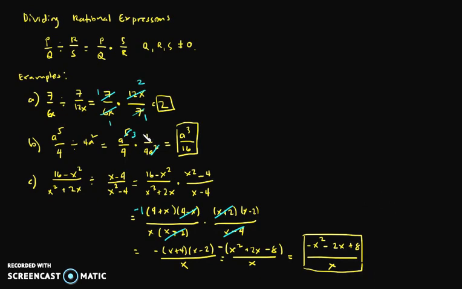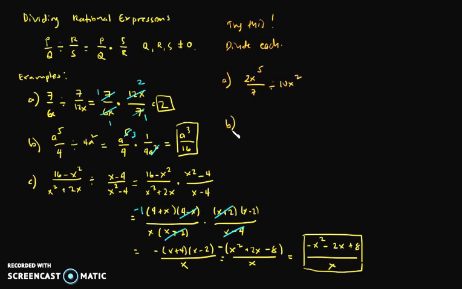So that's it. Now we proceed with your self-regulated learning. Divide each. Try this part. For letter A, you're given 2x to the 5th over 7 divided by 10x squared.